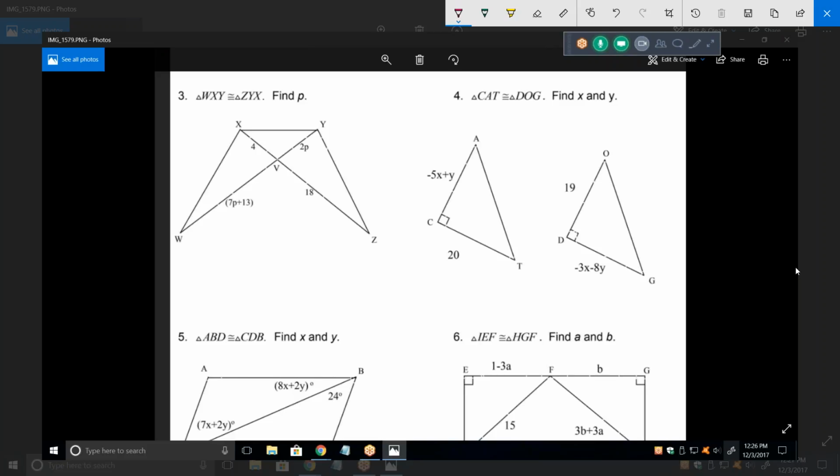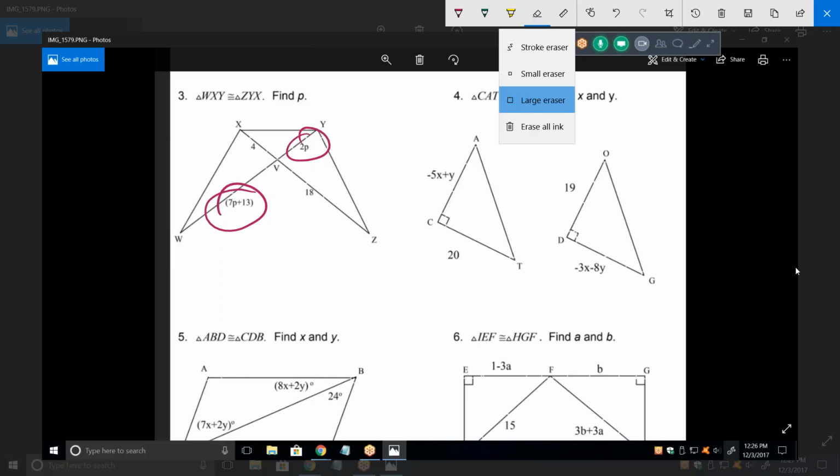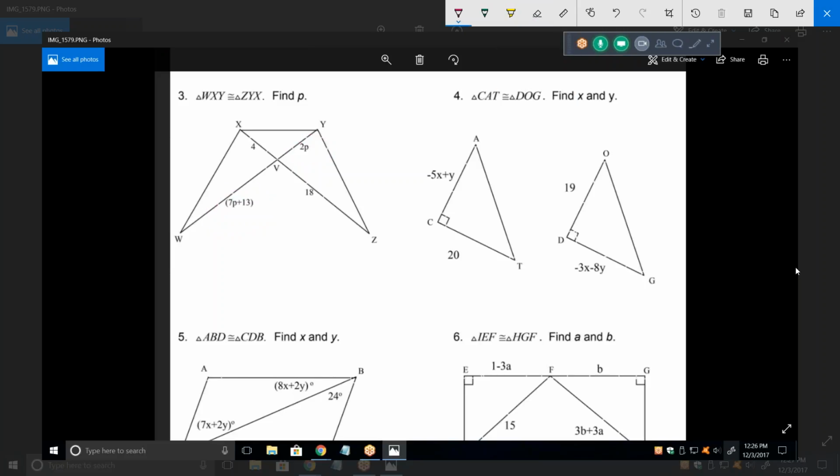Trying to solve for P. So first of all, we look at our picture. We see a P there and we see a P there. Well, what can I say based on that? Based on corresponding parts of congruent triangles are congruent, that would set those equal to each other. Give me an equation. Don't tell me that.